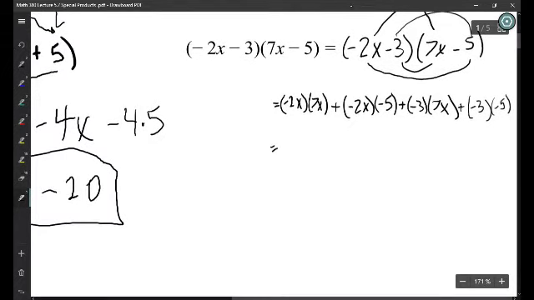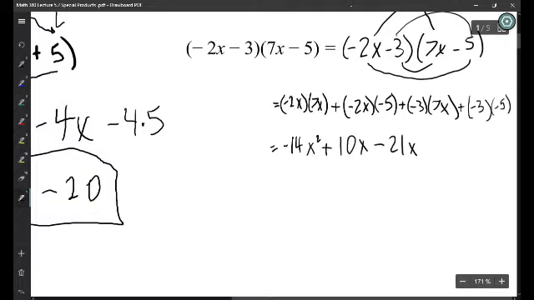Negative 2x times 7x is negative 14x squared. Negative 2x times negative 5 is positive 10x. So we have plus positive 10x, which is just plus 10x. Negative 3 times 7x is negative 21x. So plus a negative is minus. We have minus 21x. Lastly, negative 3 times negative 5, positive 15.